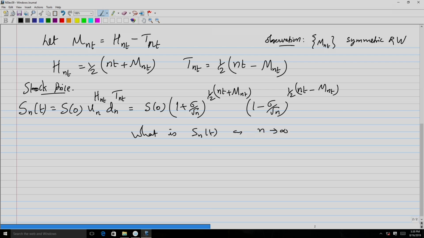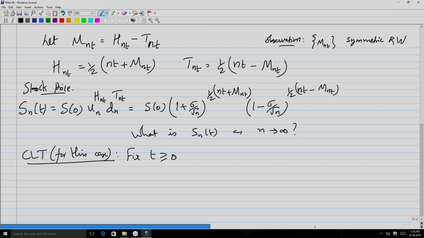To get the answer, we need a result from probability theory, for which we already mentioned the name, the central limit theorem, the CLT, for this case with appropriately defined M and T.